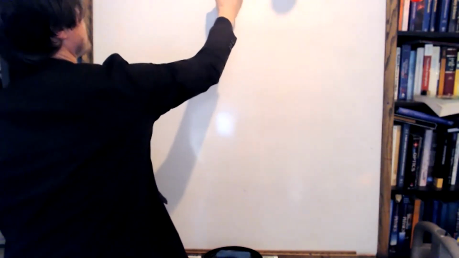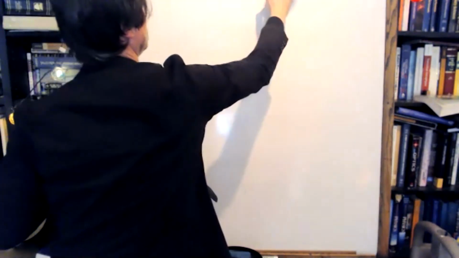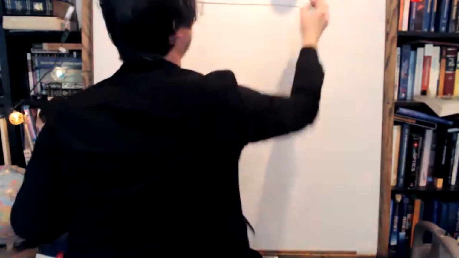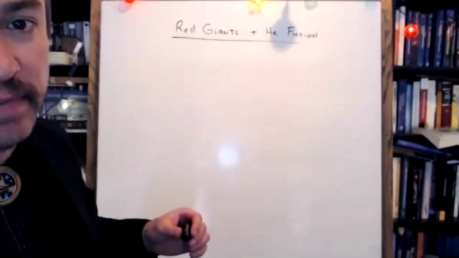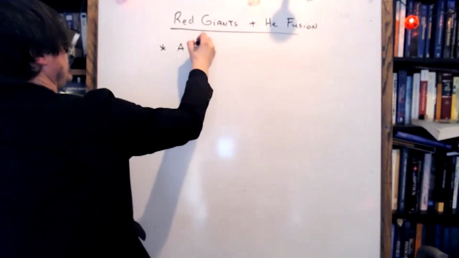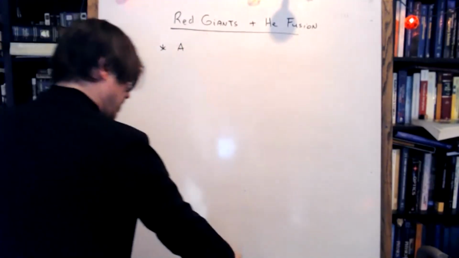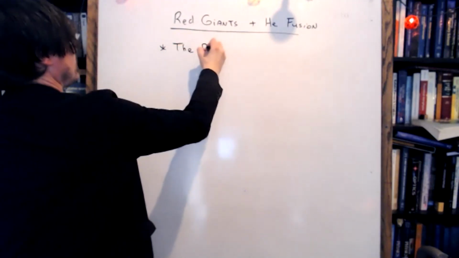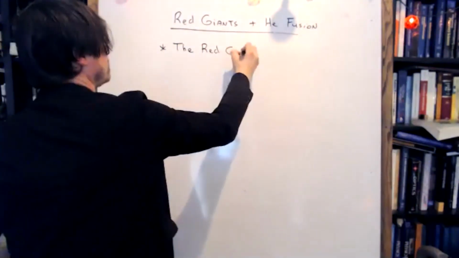Okay, so let's do a little section called red giants and helium fusion. And once again, just taking some notes is a good way to remember the things that we talked about. So we'll start off by saying, let's say the red giant phase, because all stars have to go through this.